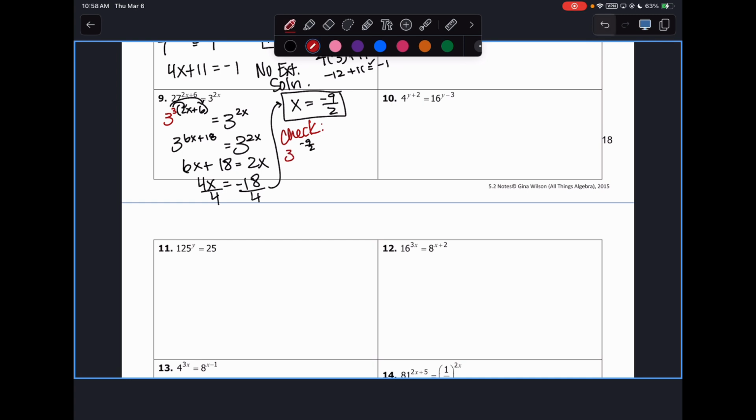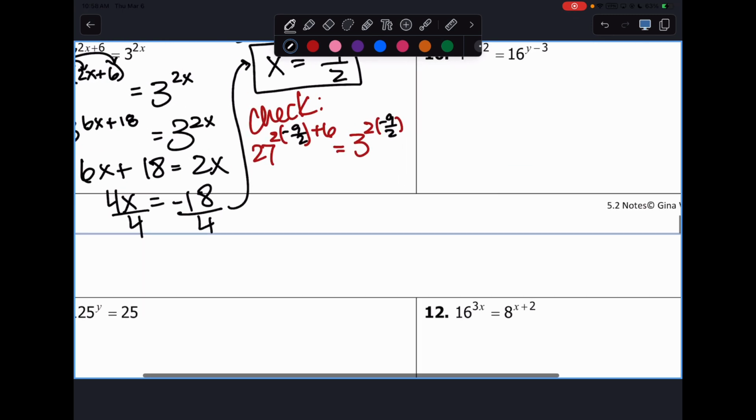27 to the 2 times negative 9 over 2 plus 6. Nope, only here. And erase there. 6 equals 3 to the 2 times negative 9 over 2.